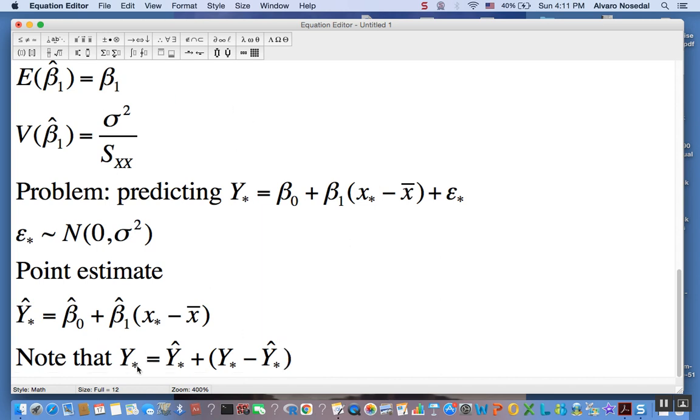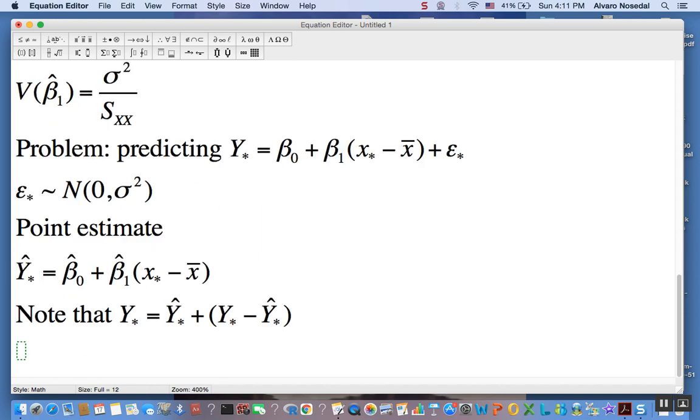Y star, the observation, is the same as a prediction plus a prediction error.